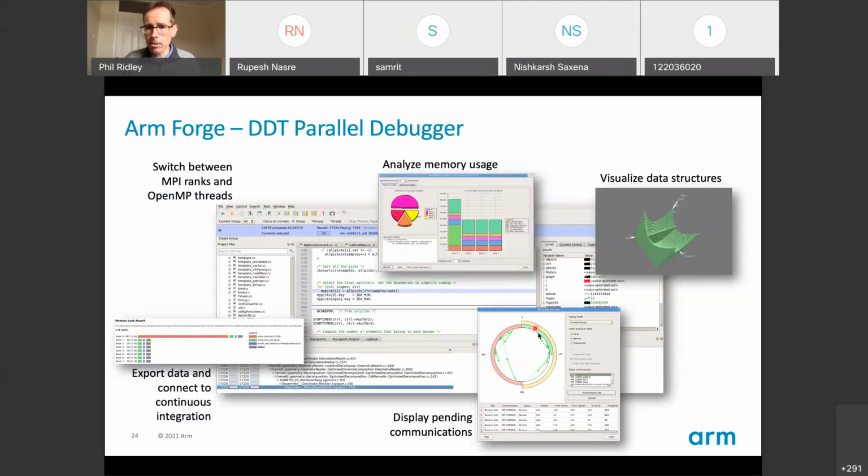If there are any deadlocks or problems with hanging tasks, then you can interrogate them with this GUI. But you don't have to use it as a GUI. You can use it offline if you want, or you can use it as a separate laptop-based client, so you can do your debugging and then look at the output on your laptop.